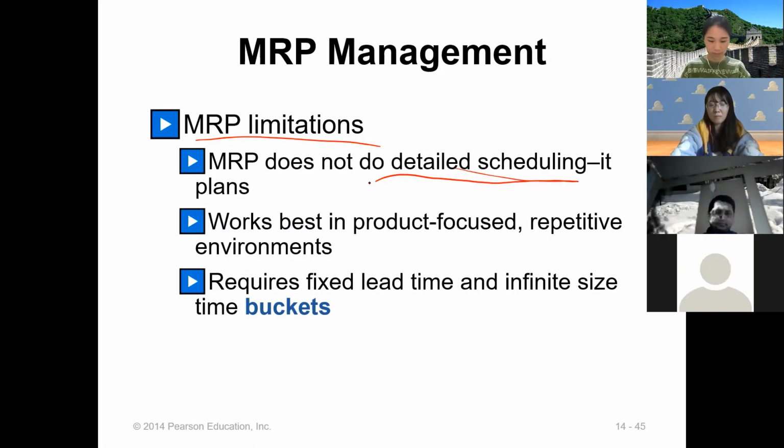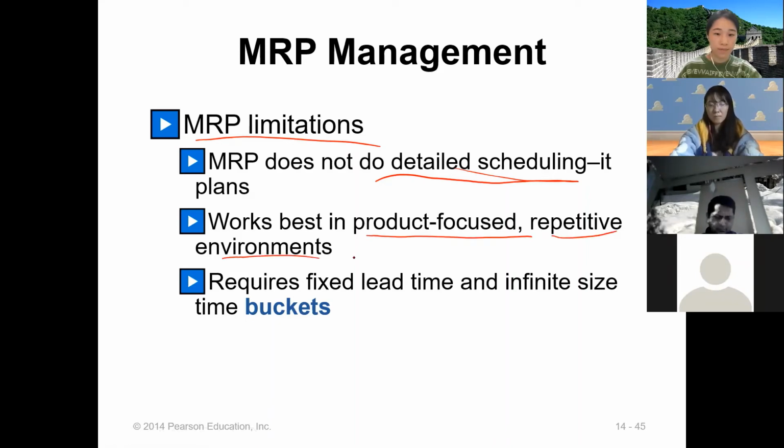That is not available in MRP, but it is available in MRP II, the manufacturing resource planning. In general, MRP does not do detailed scheduling. It's only a very gross plan, and it works best in a product-focused and repetitive environment.